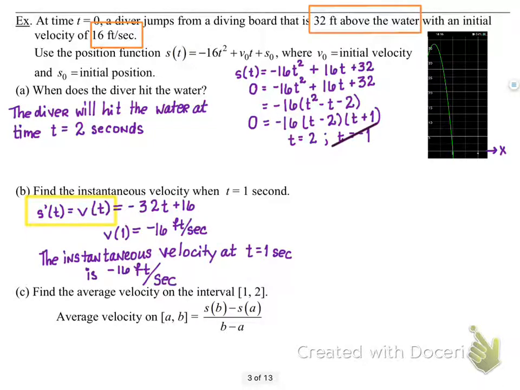Now all we have left to do is the average velocity, which is just algebra slope. So we're going to find s of 2 minus s of 1 all over 2 minus 1. Put your numbers into the slope, y1 minus y2 over x1 minus x2, and you get negative 32 feet per second.